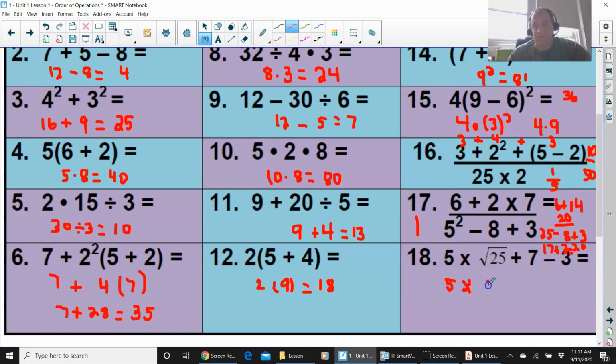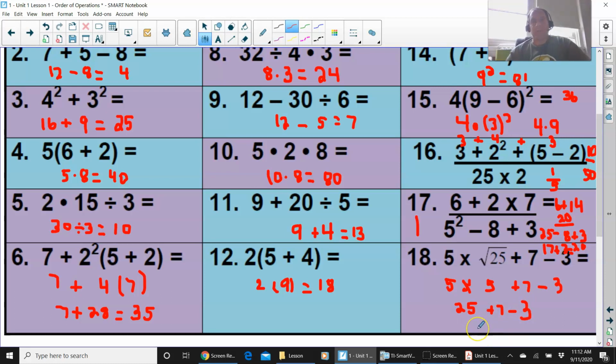So I'm going to put the 5 directly under it, and bring down all of the other numbers, plus 7 and then minus 3. Since we have multiplication here, I'm going to do that first, following order of operations. We have 5 times 5, which is 25, plus 7 minus 3.